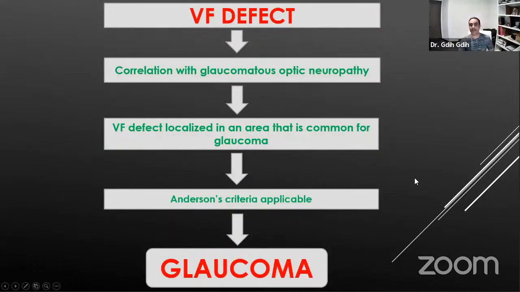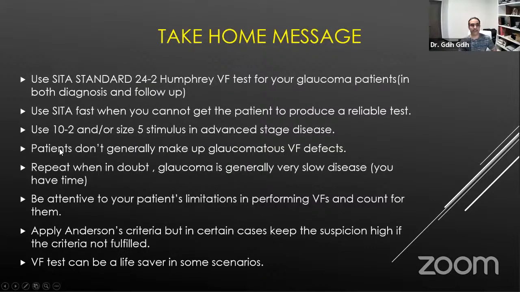So again, this is what we should follow. If you see a visual field defect, correlate it with the glaucomatous optic neuropathy. If the visual field defect is localized in an area that's common for glaucoma, then move on and apply the Anderson criteria. If it is applicable, then you can make the diagnosis of glaucoma.